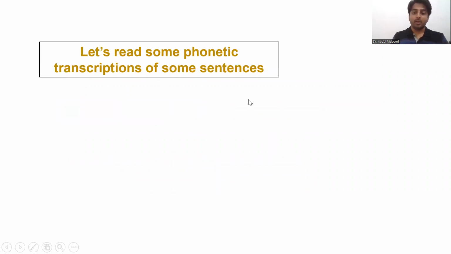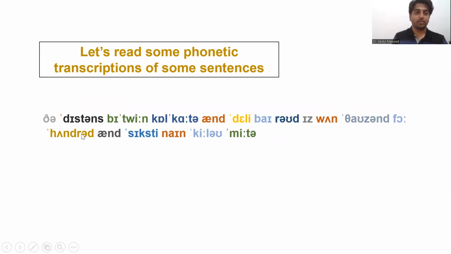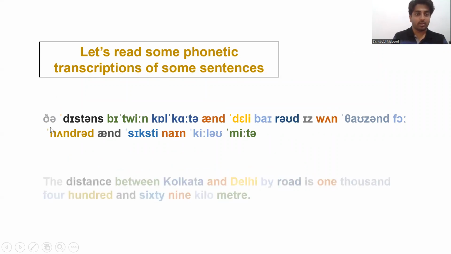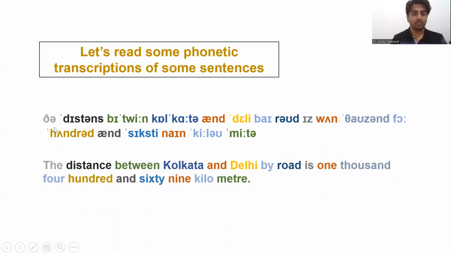Here is another sentence. Let's see if you can read it. I have given different colors to different words. The first word here is the. The second word is distance. The distance between Kolkata and Delhi by road is 1,469 kilometers.